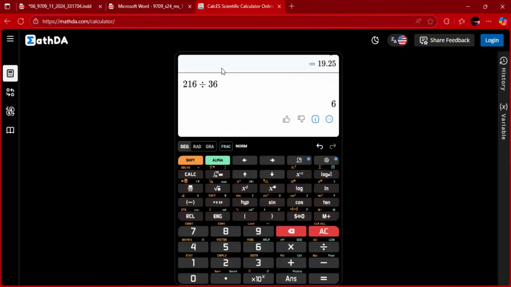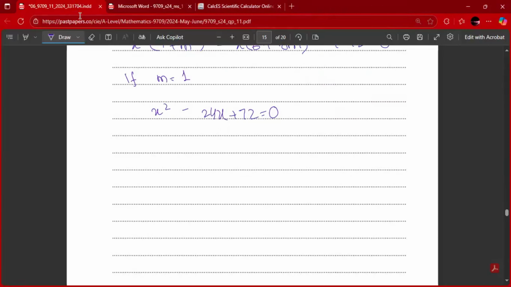Okay, let's see if there's a factorization we can do with 72. Are there factors for 72?